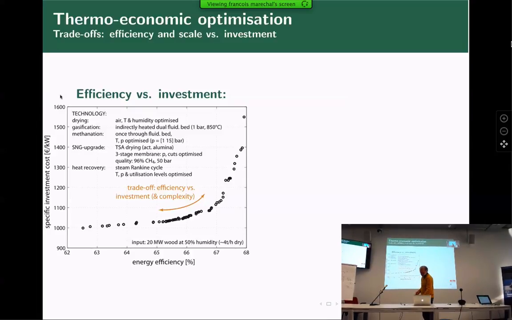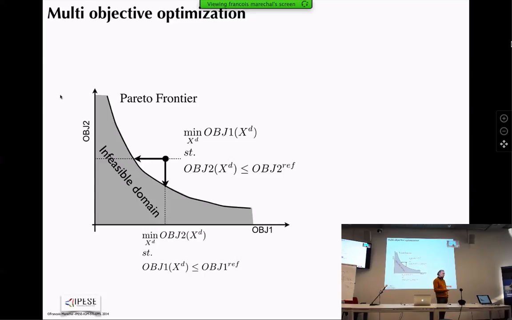Okay? So a few words about using the multi-objective optimization. What does it mean doing a multi-objective optimization? So I can explain it when I have two objectives. I have objective 1 and objective 2. If I'm taking one design here and I want to optimize it, I can decide that I'm going to minimize the objective 1 for a certain level of objective 2.